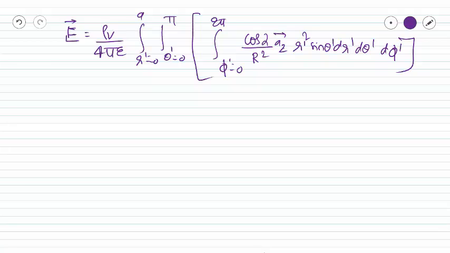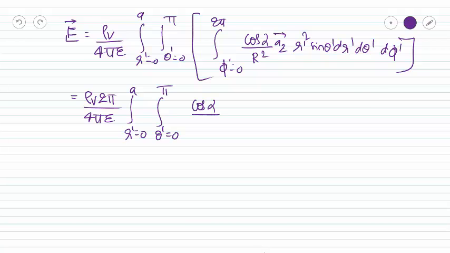So if you look at this integral, there are no phi dash terms here. So if I integrate with respect to phi dash, I will get 2 pi outside. Okay, so rho v 2 pi by 4 pi epsilon, r dash equal to 0 to a, theta dash equal to 0 to pi, and cos alpha by r square, r dash square sin theta dash dr dash d theta dash az bar. So this is what I am having.